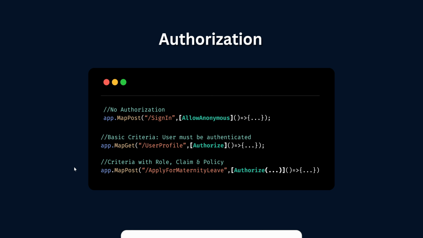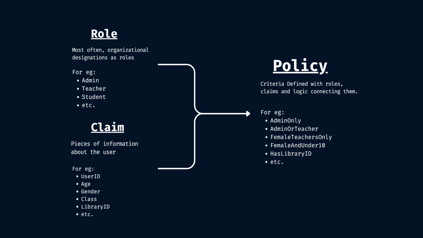Now we can discuss the third type of web API methods. Apart from authenticated to the system, these web API methods have criteria defined with role, claim, and policy. Now to discuss the rest of the topic of this video, consider we are creating a web API project for an educational organization. So first of all, we have role. Most often, the organizational designation will be treated as the role. No need to explain much.